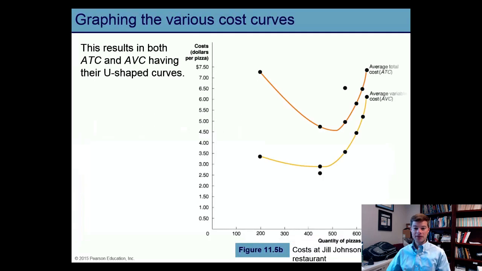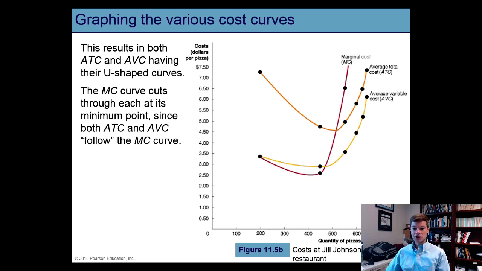Last, I want to graph these curves, and what you'll notice is that the average total cost curve and the average variable cost curve are U-shaped. They go down at first due to increasing marginal returns, but eventually they both start rising. Both average costs start rising due to diminishing returns.